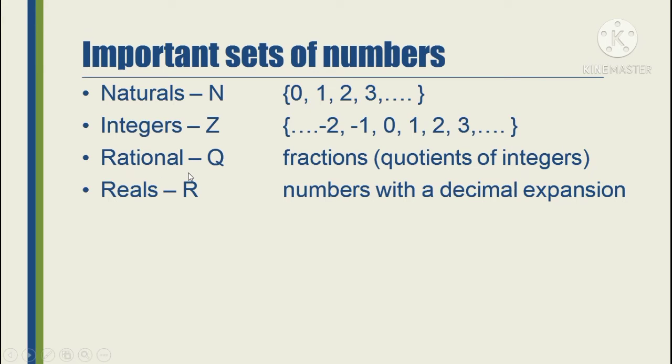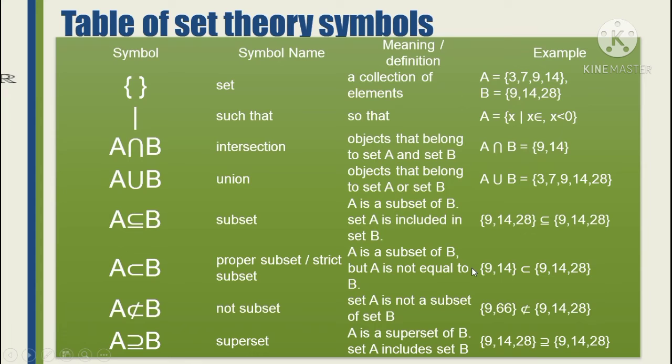So, rational is symbol Q. Yun yung fractions, quotients of integers, like 2/4, 3/4, 3/8. Then, real numbers, numbers with a decimal expansion, like 0.3, 0.6, 0.7, mga ganyan.